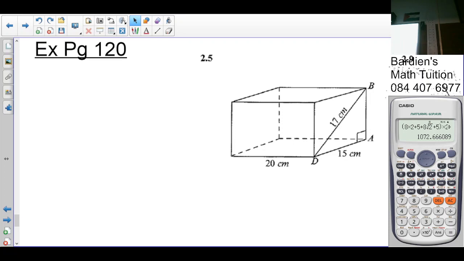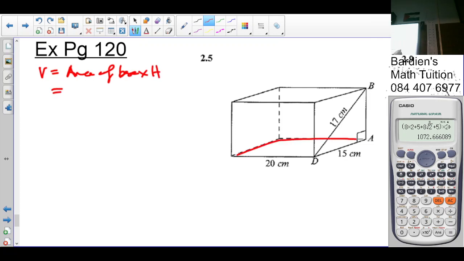So, volume. Volume is equal to area of base times height. So what type of shape is this base? I can use this as my base, no? Rectangular base. So it's going to be length times breadth times height. So what's my length? 20.